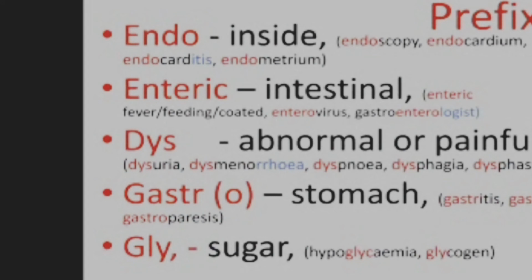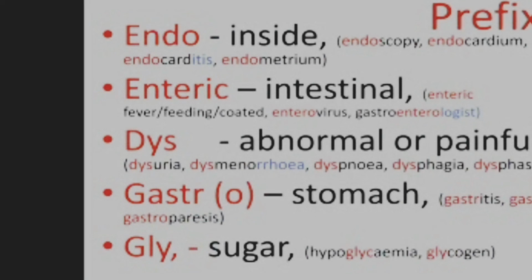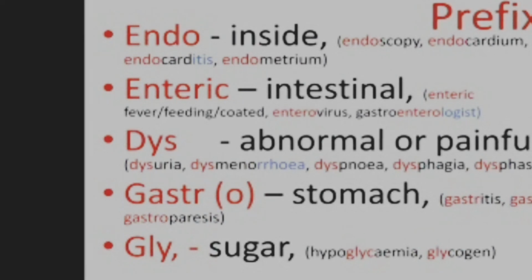Glycogen, glycemia, that's called the glycemic index. That means how much sugar your body contains. If that index is not within the range, you will have either more of it or less of it. It could be hypoglycemic or hyperglycemic.